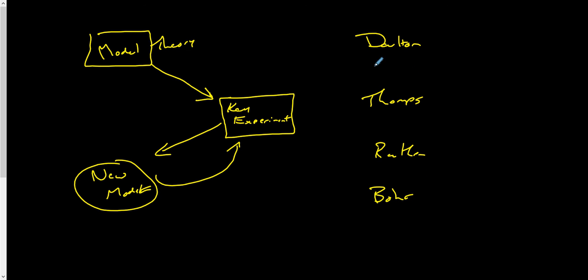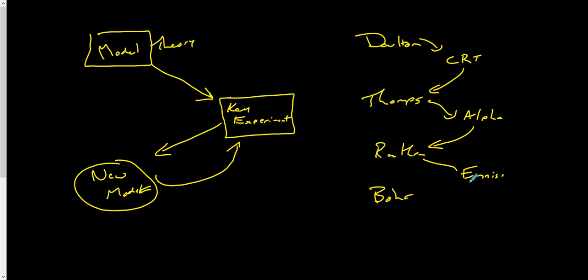And in between each of these, you have this key experiment that takes place, right? So cathode ray tubes led us to Thompson. Alpha particle scattering led us to Rutherford. Rutherford's model was great, but emission spectrum led us to the Bohr model.